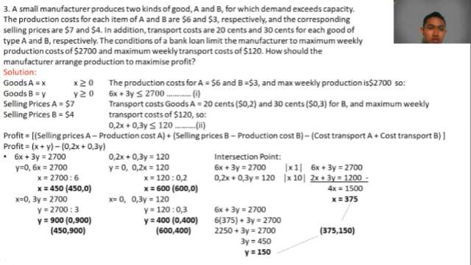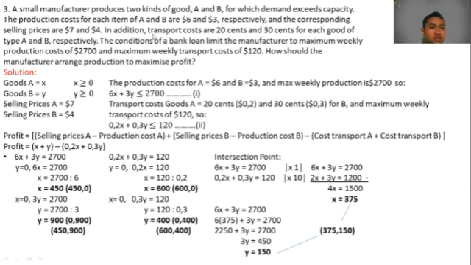Next is the third question, the last question: a small manufacturer produces two kinds of goods, A and B, for which demand exceeds capacity. The production costs for each item of A and B are $6 and $3 respectively, and the corresponding selling prices are $7 and $4.